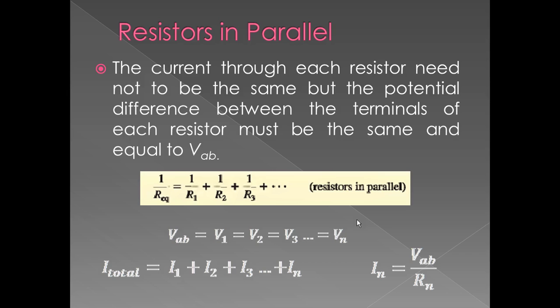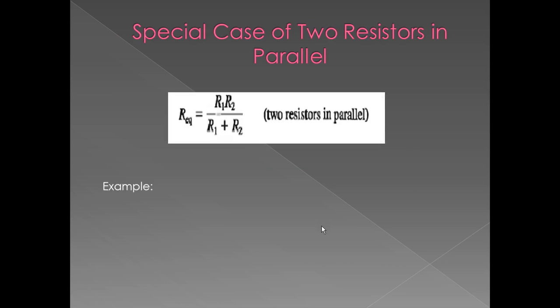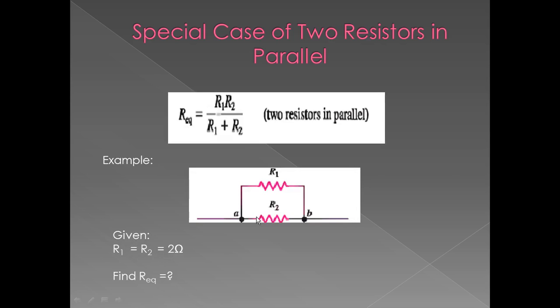Now, of course, since the connection in parallel branches out, whatever current is flowing through R1 doesn't necessarily have to be the same as the current flowing through R2, doesn't necessarily have to be the same as the current flowing through R sub 3 or any number of resistors connected in parallel.